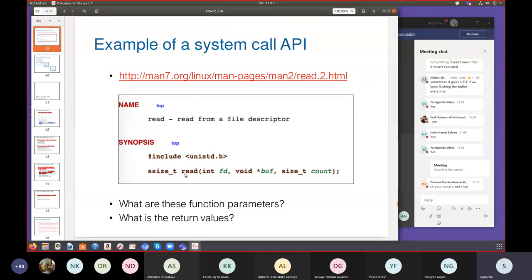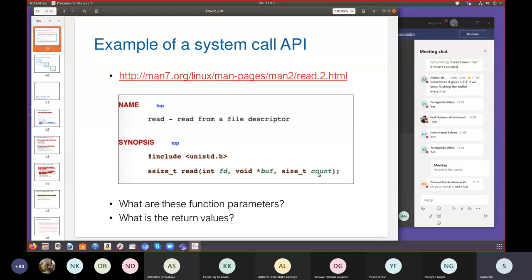This read system call takes as arguments a file descriptor from where the read will happen, a memory pointer where the data that is read will be stored, and the count, which says how many bytes to read.